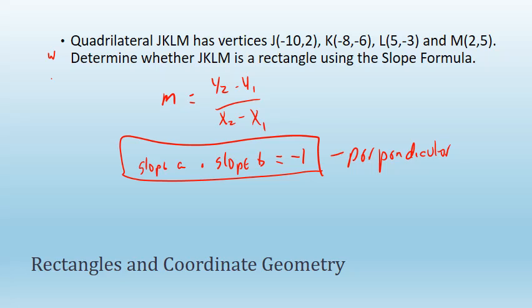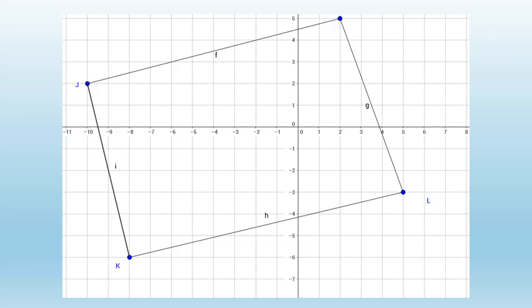All right, so here we've got this quadrilateral graphed. Vertex J is at (-10, 2). Vertex K down here is (-8, -6).